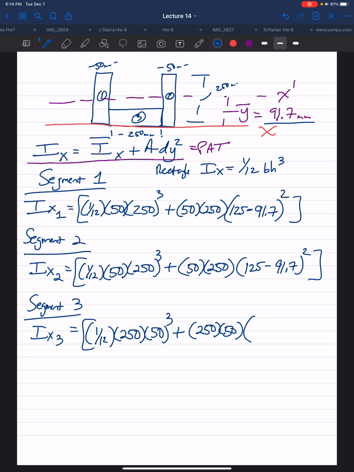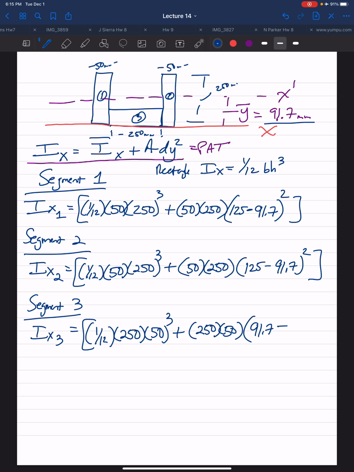times dy. Now we said dy is the distance from the composite centroidal axis, which is x prime, which is separated from the x-axis by y bar. That's 91.7. It's the distance between that and the location of the centroid of the individual shape.